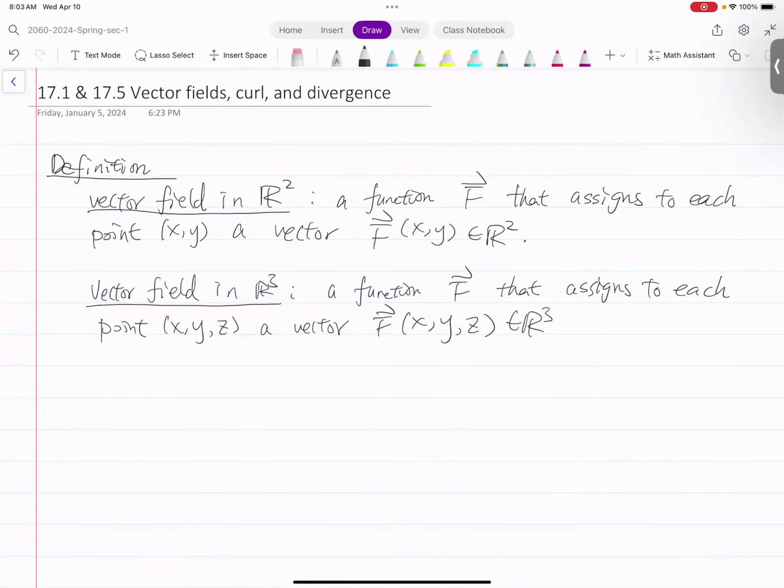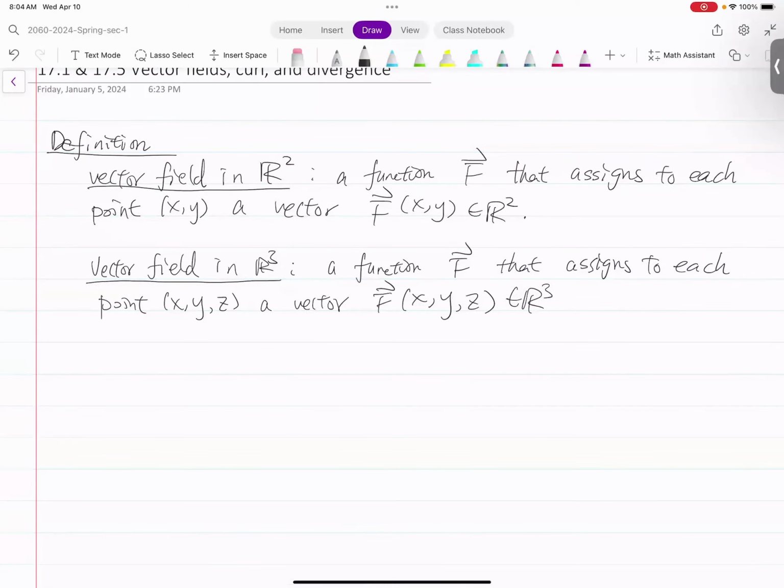So the output is always a vector. It's just that now we have two variables in the two-dimensional space and three variables in the three-dimensional space. Okay. Those are the arguments.